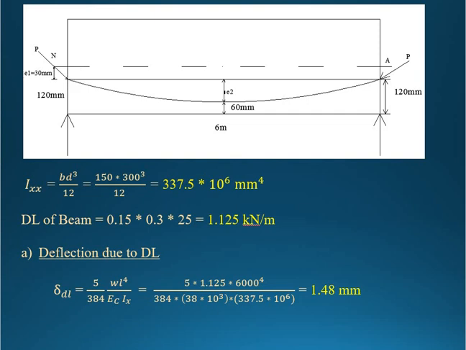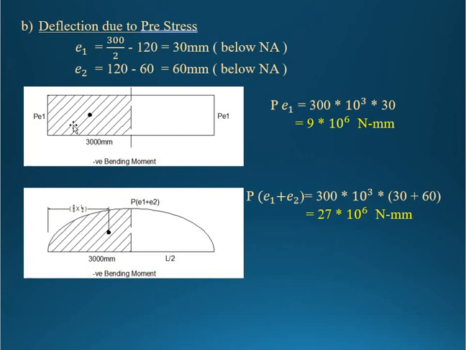For that, the variation will be a rectangle, and also for a straight cable, the variation is a rectangle. And the important thing is the sign. If the eccentricity is below, or the cable is present below the neutral axis, obviously the sign will be negative. So it's a negative bending moment.